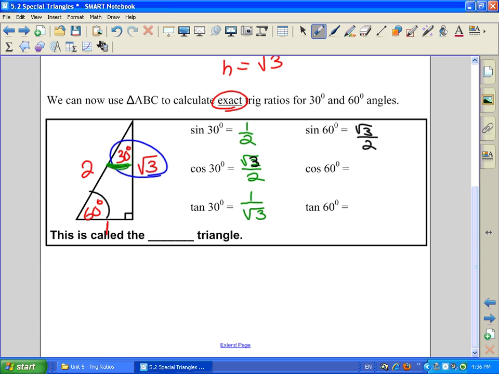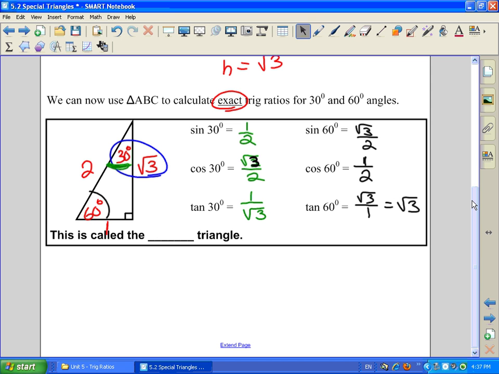I meant to put a root 3 in there. Can you please fix that up? Okay, so back on track now. Cos of 60, folks, that's going to be the adjacent, which is 1, over the hypotenuse, which is 2. And the last one, tan of 60, is root 3 over 1, which just equals root 3.